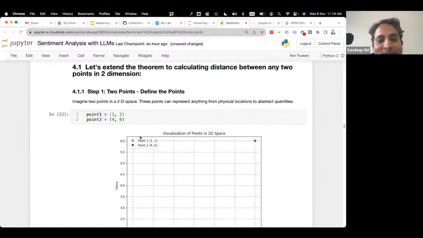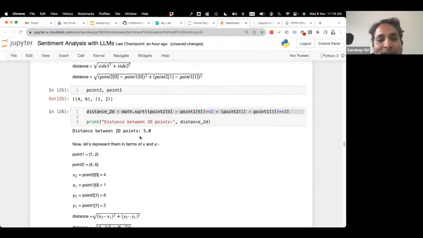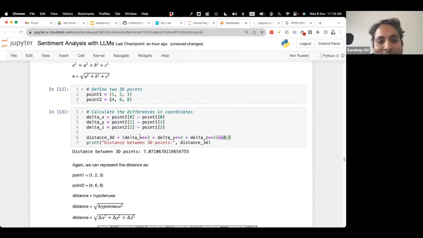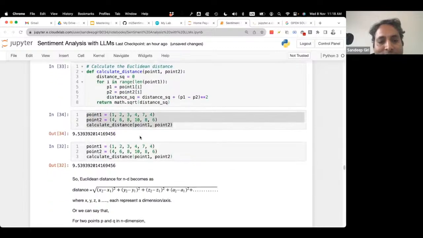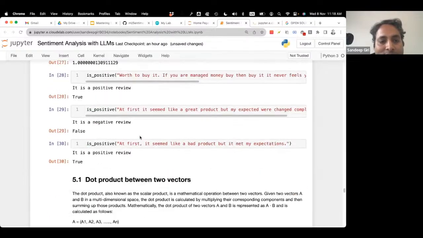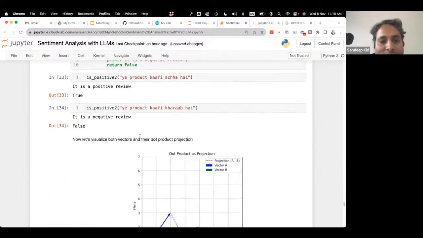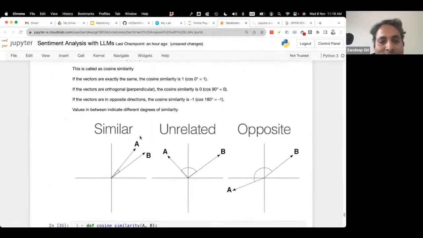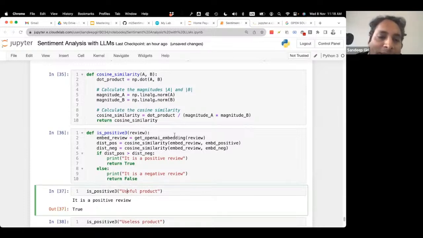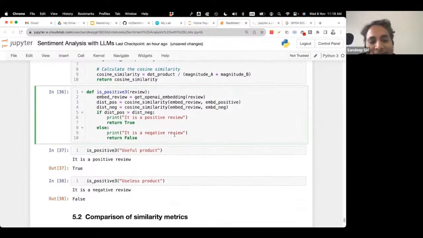Now, how do I find the exact difference between these? We can compare the distance. Never mind, I think you got the idea. Try experimenting with the phrases, and you'll get your answers.